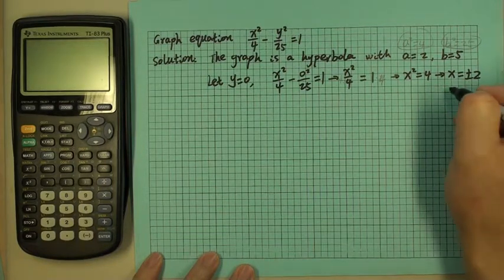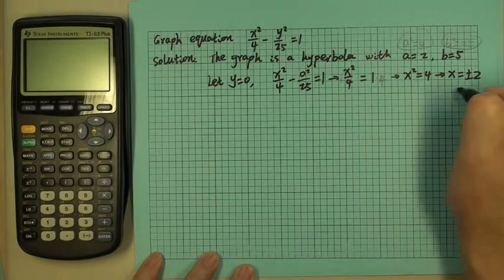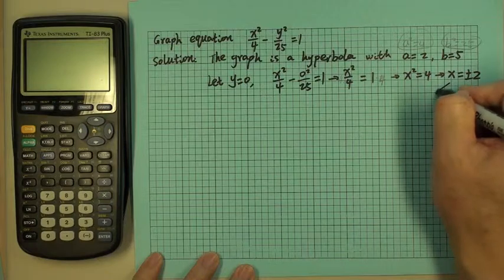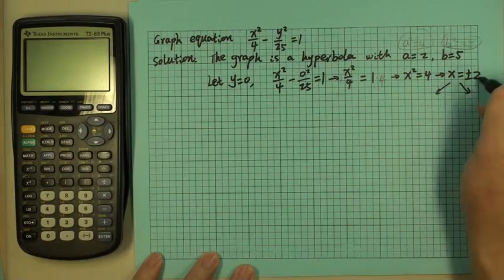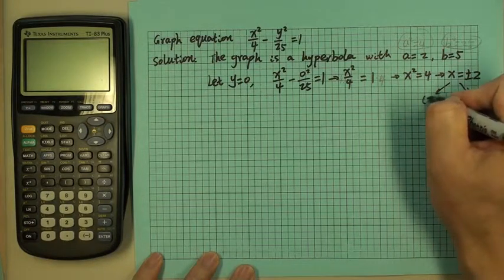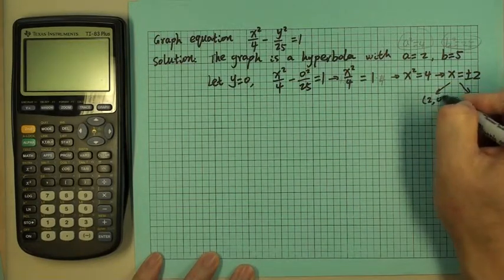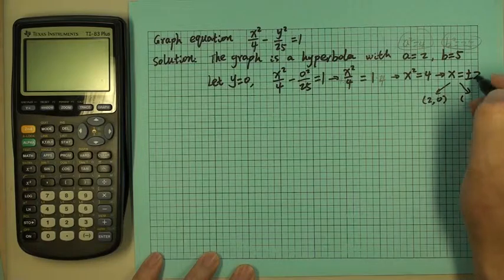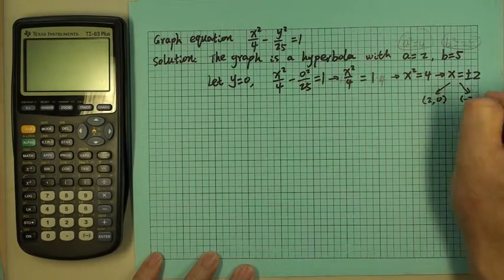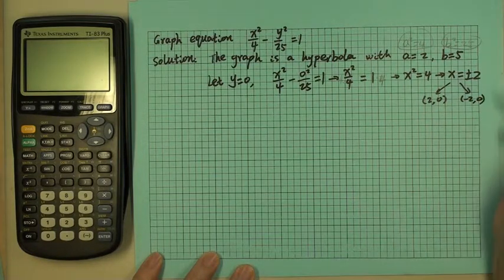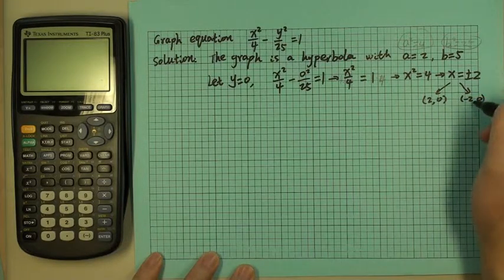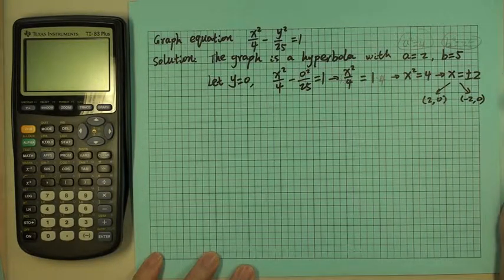This will give you 2 points. When x is positive 2, you have y is 0. When x is negative 2, you also have y is 0. So the points are (2, 0) and (negative 2, 0).